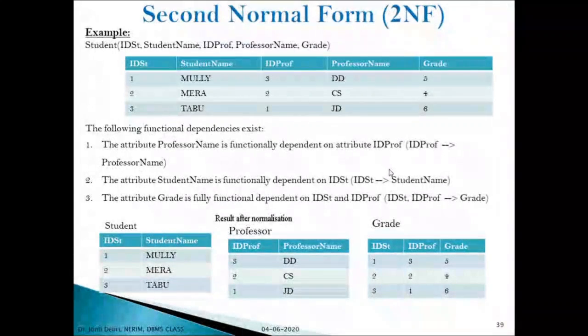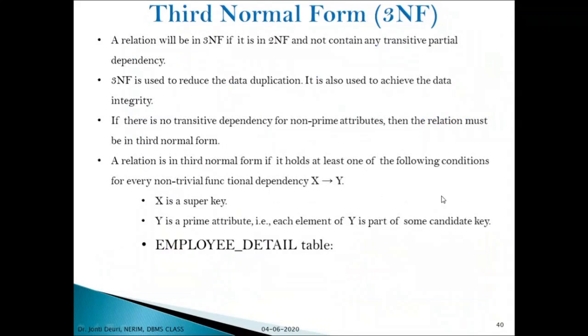Understood? So first normal form is that there should not be any multi-valued attribute. And second normal form, it should be in the first normal form, and then the fully functional dependency should be there for non-key attributes.